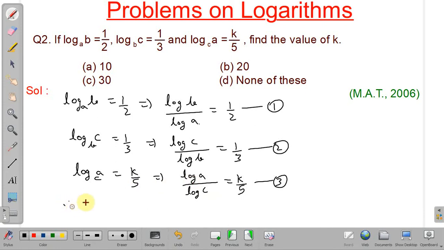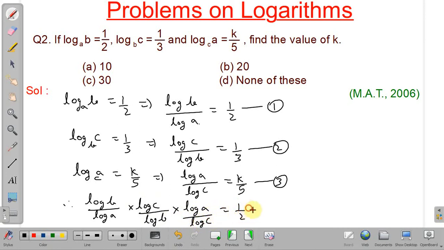Okay. Therefore, we will get log of b by log of a into log of c by log of b into log of a by log of c, and this will be equal to 1 by 2 into 1 by 3 into k by 5. Okay.